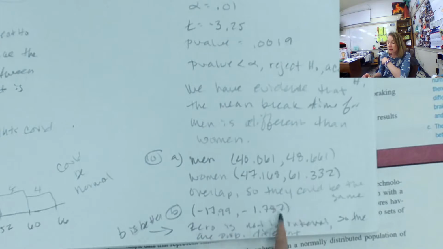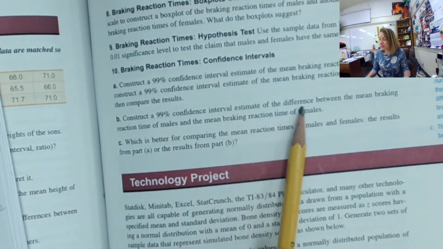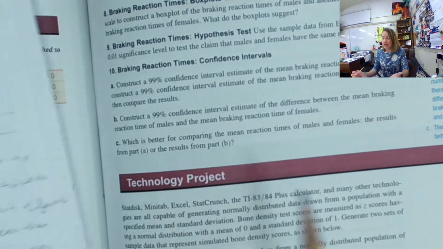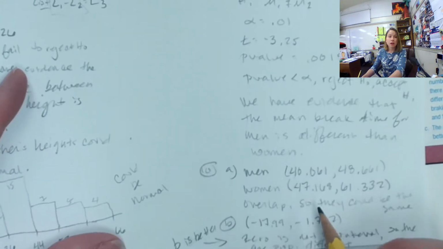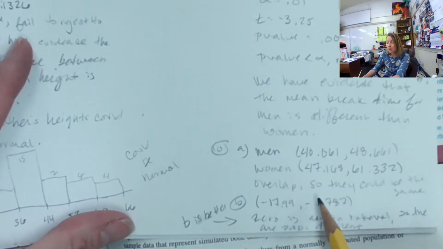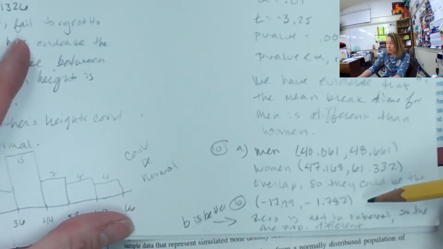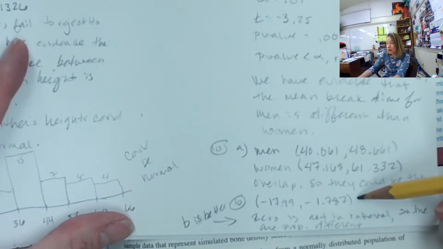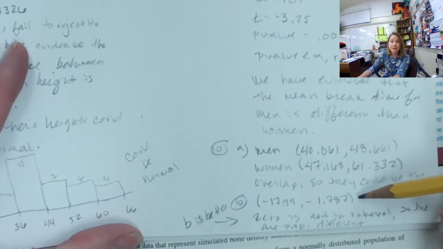So this one right here is looking at the difference between the mean break time. So instead of just having one mean in each interval, we've actually got the difference between my two means. So 0 is not inside of this interval, so that means that they are definitely going to be different. It means that my first one is less than my second one.